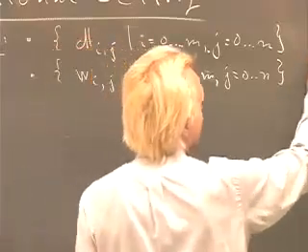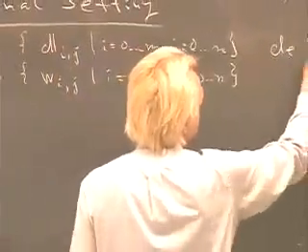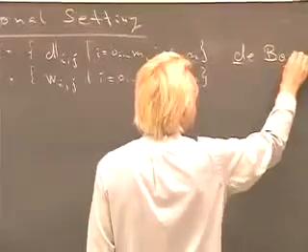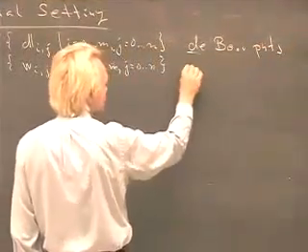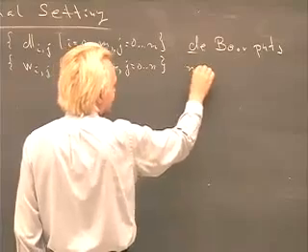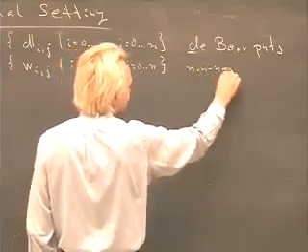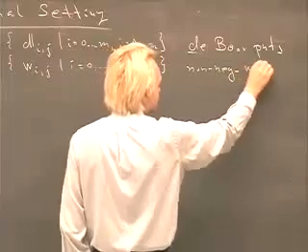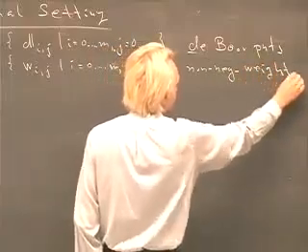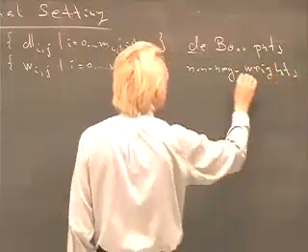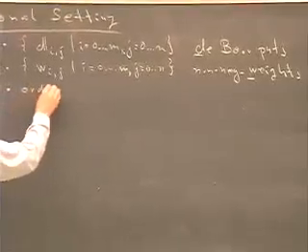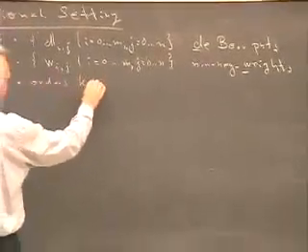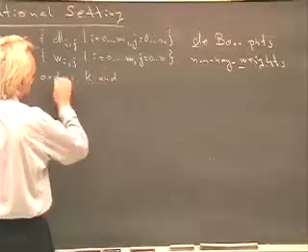So here we have the de Boor points, the weights, non-negative weights. And we have orders, K and L.